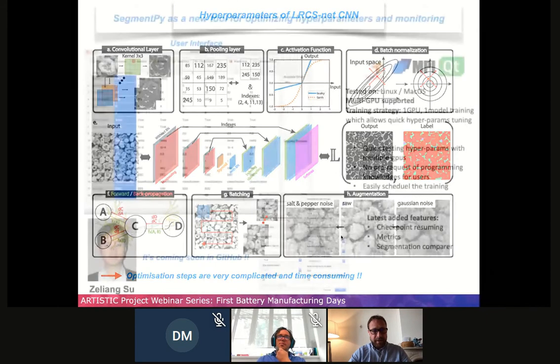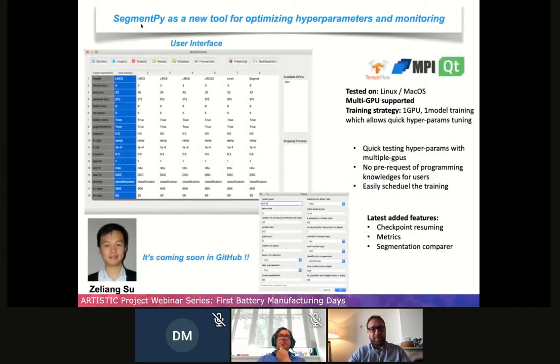So that's why Ziliang Zhu developed in the lab SegmentPy, which is a very interesting tool because it's a quick hyperparameter testing tool. You can use multiple GPUs, and you can also avoid coding, which is very interesting. With this user interface, you can easily put in your different hyperparameters.